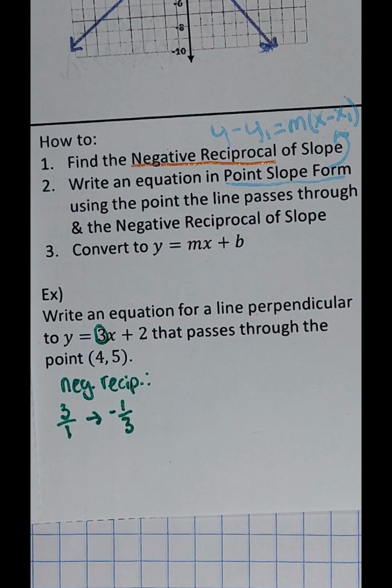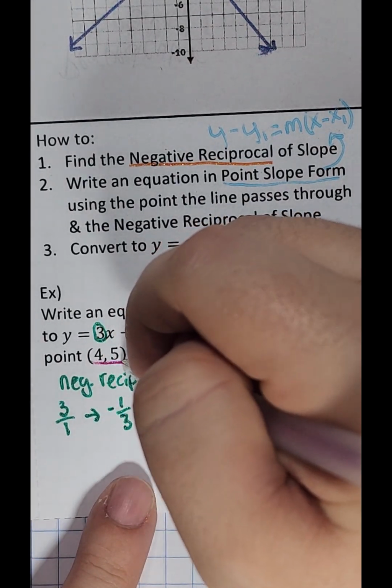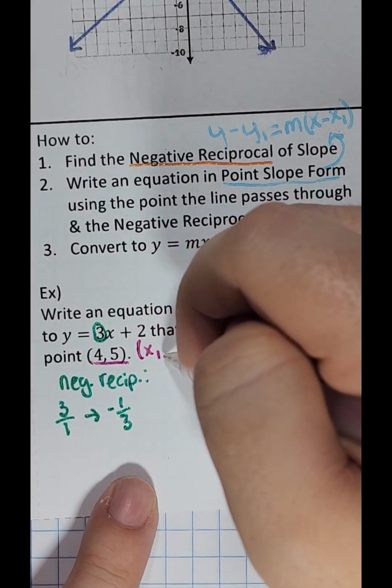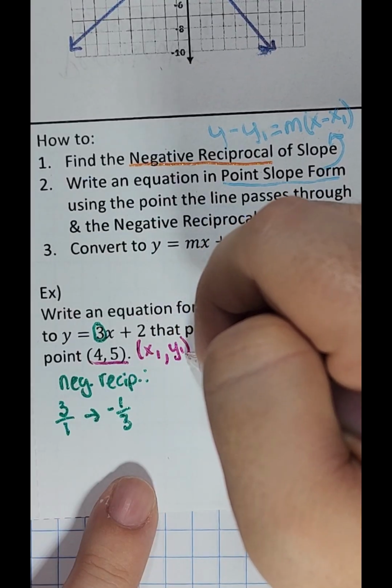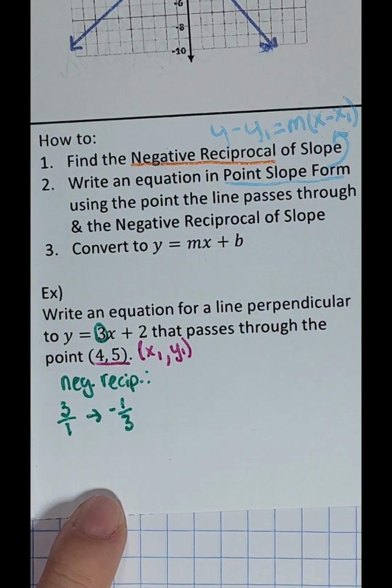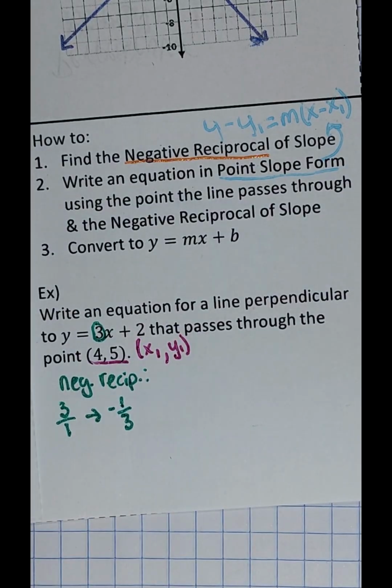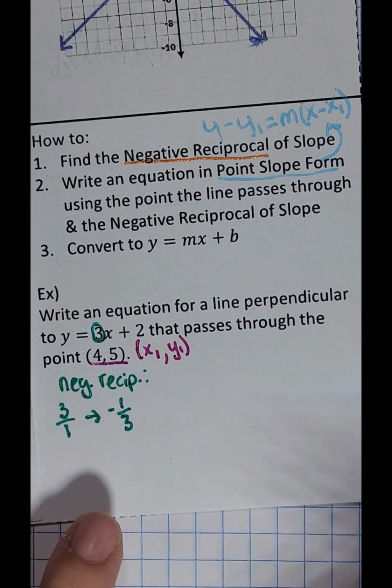So now that we have our negative reciprocal of slope, and we also have our x1, y1, this is our line that's perpendicular passing through this point. We're going to plug those things into our point slope form.